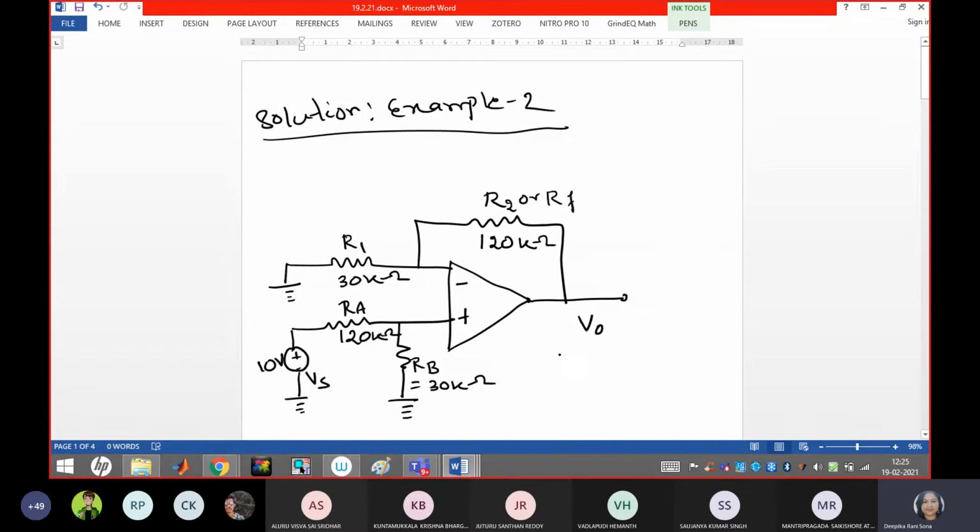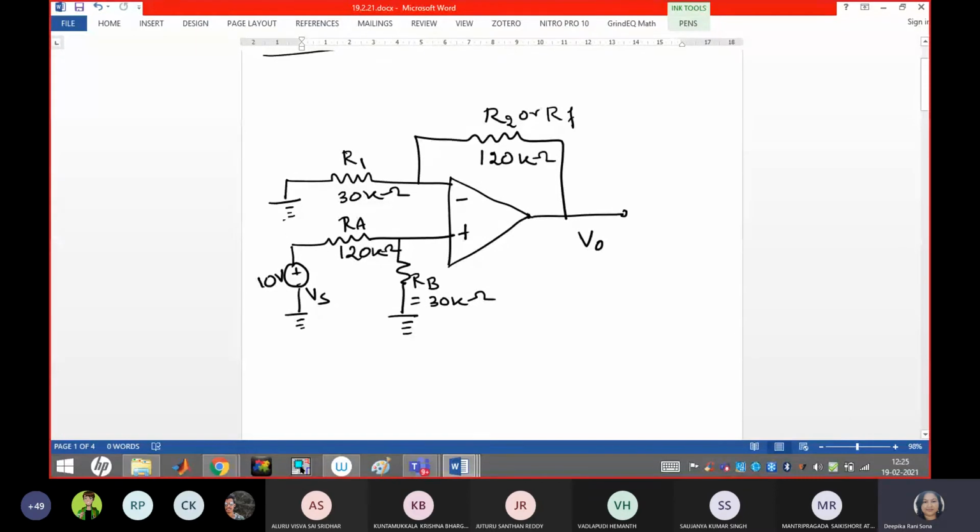Okay, how do we proceed, guys? You give me the hint. Suppose this is the voltage divider network. We have to consider that VB and VA term. Like that only we have to solve, right? So suppose for this case, this nodal voltage is the input for the circuit. Now Vs is not the input for this non-inverting amplifier.